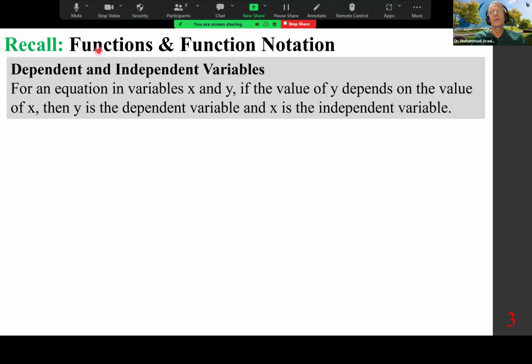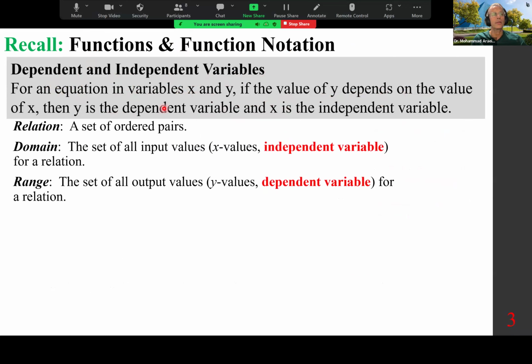Recall functions and function notation, dependent and independent variables. For an equation in variables x and y, if the value of y depends on the value of x, then y is the dependent variable and x is the independent variable. Relation: a set of ordered pairs. Domain: the set of all input values, known as x values, the independent variable for a relation.